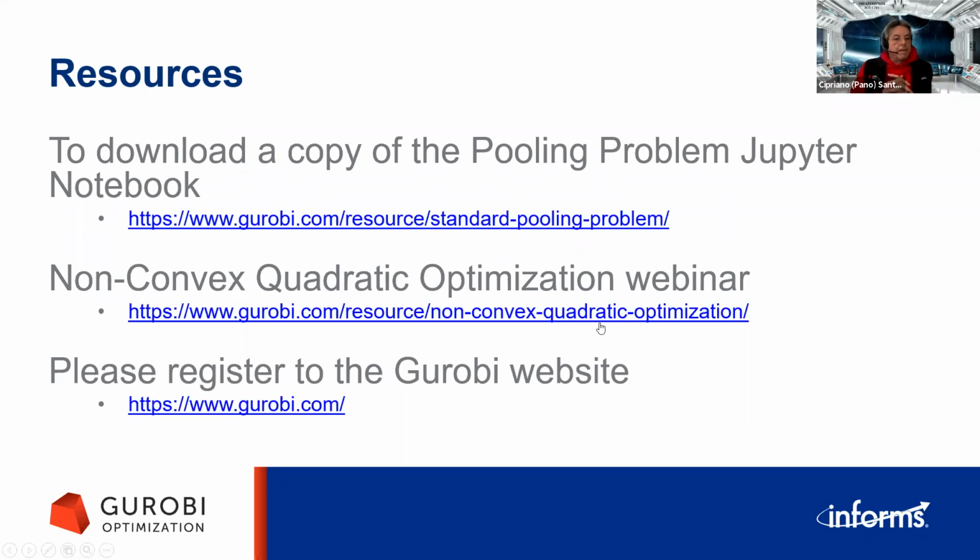Another one comes from Anton. Will the separable reformulation run faster than the non-convex version of the problem in Gurobi? I don't know. I haven't tried it. Go to the book, download our Gurobi Python API and try it.